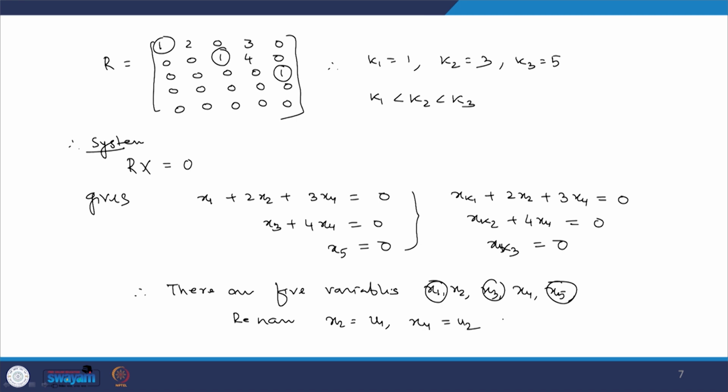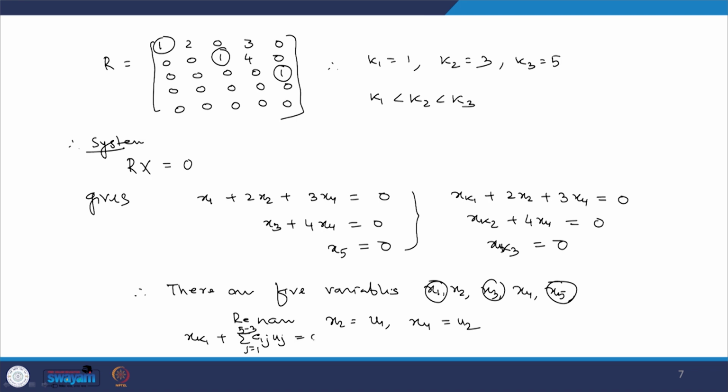So, then I can write the system as x_k1 plus sigma c1j uj, j equal to 1 to 5 minus 3, equal to 0.